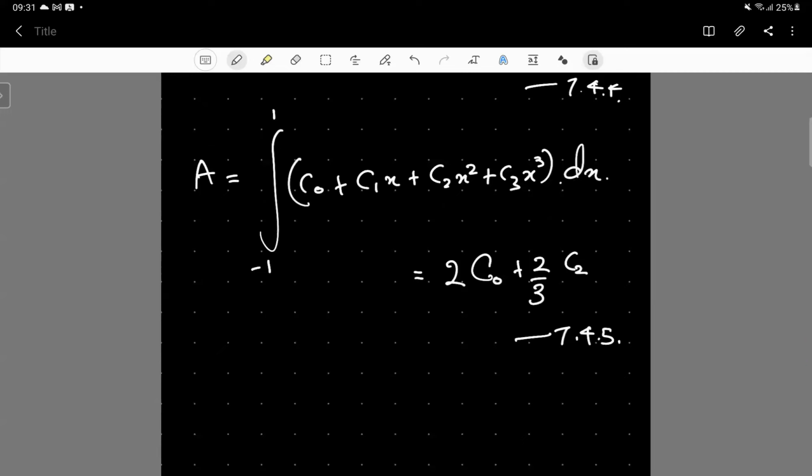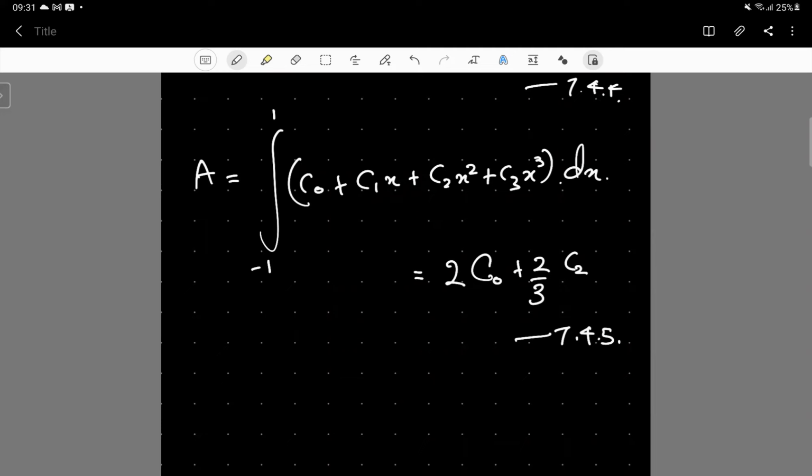We have now obtained a value for the area by assuming a cubic function for y, or for the curve. In order to apply this method, let us further simplify this problem.